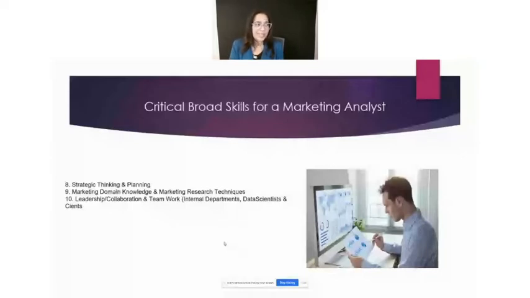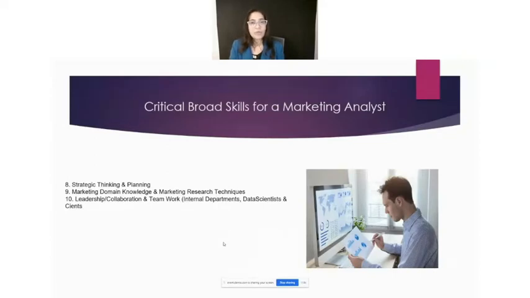But having said that, there are some critical broad skills for a marketing analyst. It ranges from strategic thinking and planning, and very importantly, marketing domain knowledge. This is what differentiates a data scientist from a marketer or a marketing analyst. It includes a deep understanding of marketing research techniques, including digital research techniques like social media listening.